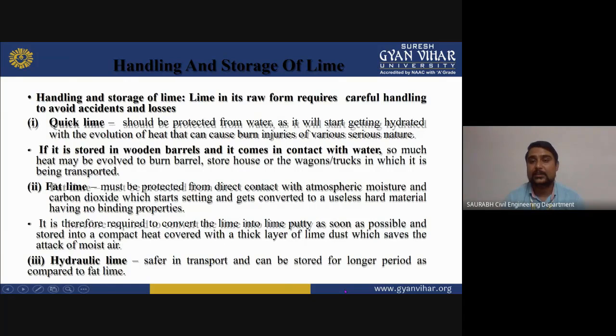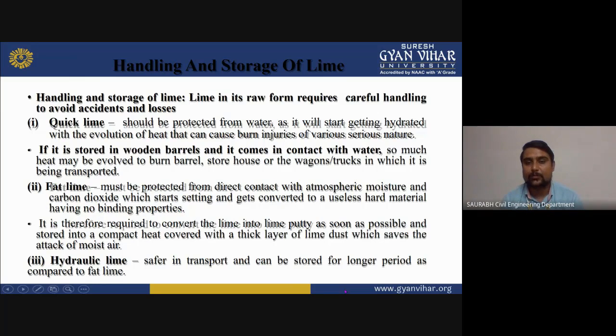And handling and storage of lime is also a very important point, because if you do not store your lime properly, when it comes in contact with moist air, this can create a problem. Lime requires careful handling to avoid accidents and losses.